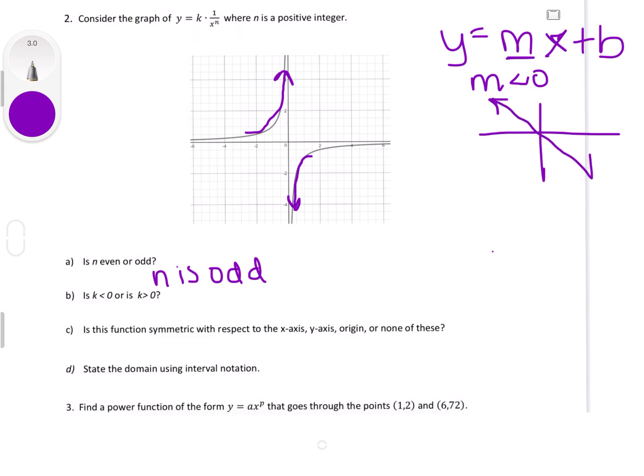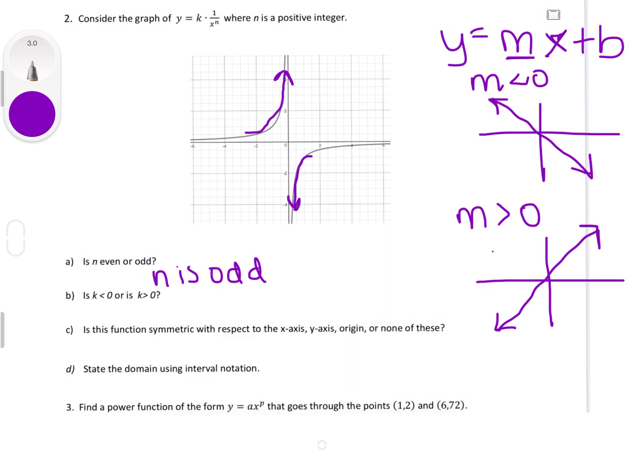We start up in the left and we end in the right. If we had a positive slope, remember we started down in the left and we ended up in the right. So I kind of think of our k's being the same way.